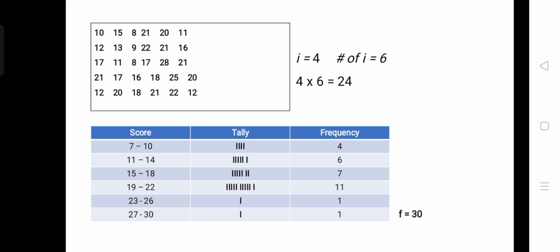Sa frequency table, dira na siya ang number na, di na sa tali-tali. If you add them all, 4, 6, 7, 11, 1, 1, the total is 30.